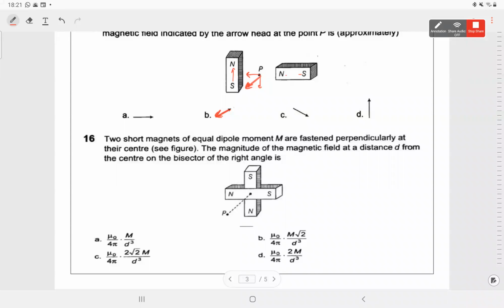The magnitude of magnetic field at distance d from the center and the bisector of right angle. क्या सो इसमें क्या करेंगे, देयर आर टू मैग्नेट्स और परपेंडिकुलर है, तो हम दोनों को पहले कंबाइन करके वी विल फाइंड आउट इट्स रिजल्टेंट डाइपोल मोमेंट.